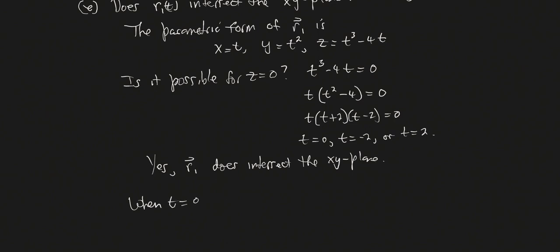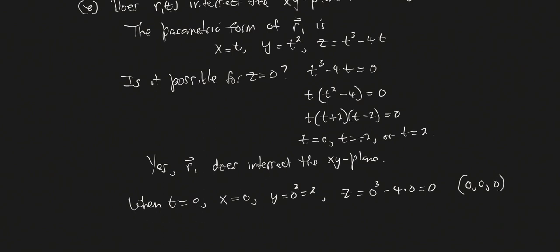When t is equal to 0, x is equal to 0, y is equal to 0 squared, which is 0, and z is equal to 0 cubed minus 4 times 0, which is also equal to 0. So this vector function, the curve, we know it's a curve because we have non-linear components, actually passes through the origin, right?